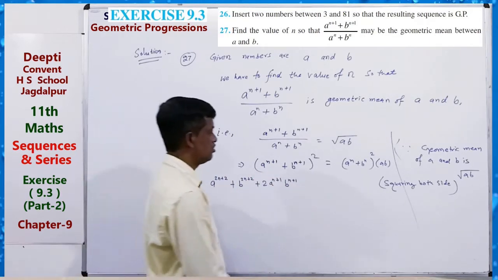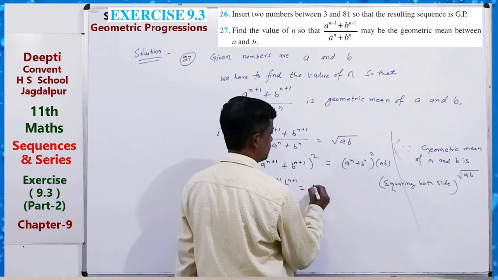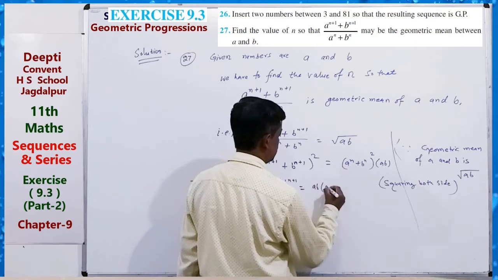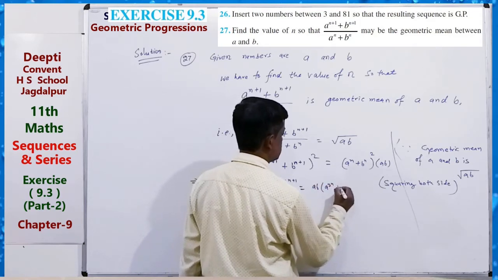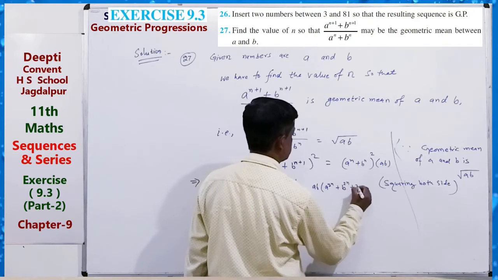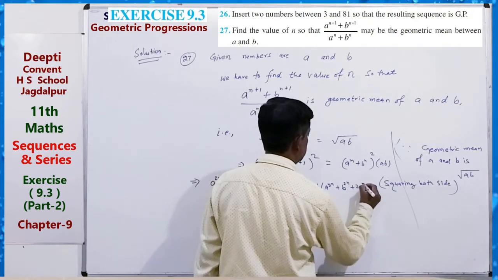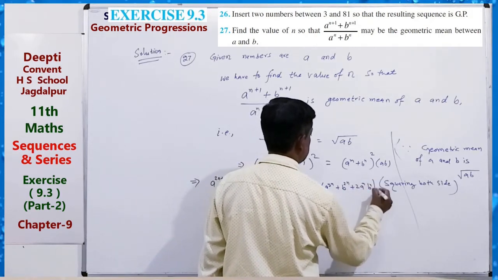Left hand side equals right hand side also. Right hand side is ab times a power 2n plus b power 2n plus 2 a power n b power n.